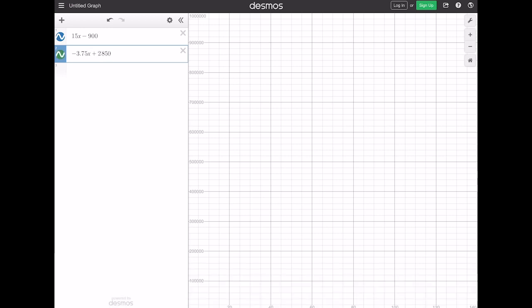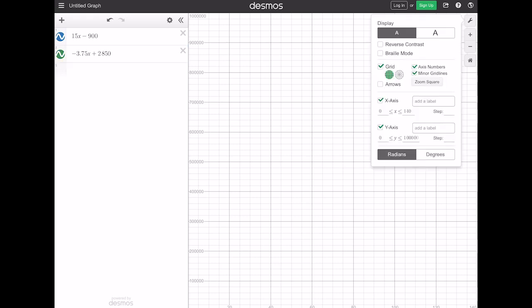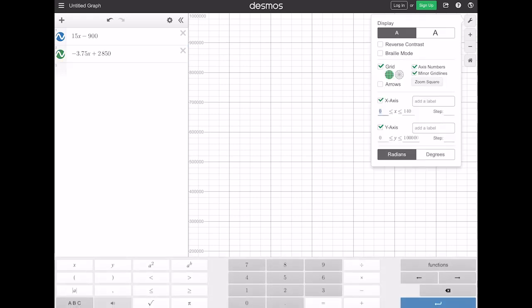And if you're looking at the graph right now, you don't see anything because the window is off, right? I need to change the window. So if I go and click on the little wrench there, we're only dealing with the first quadrant. We don't care about the second, third, and fourth because there's no negatives. When we were solving this problem, we had gotten 200 for the price of the phone.